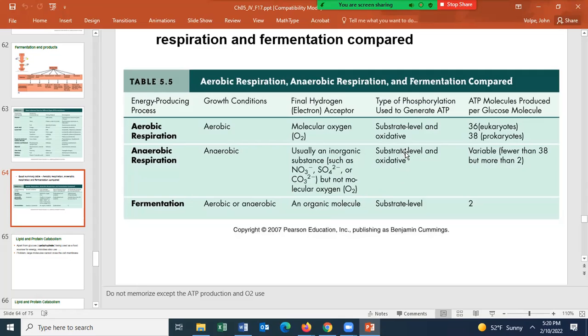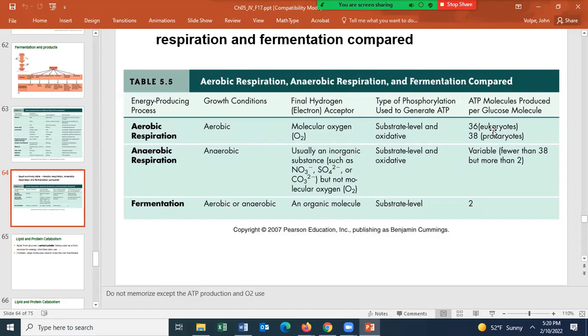In the generation of ATP with aerobic respiration, we have substrate level phosphorylation in glycolysis, and then oxidative phosphorylation in the electron transport chain generating ATP. You have the same two in anaerobic respiration, but in fermentation, we only have substrate level generation of ATP.